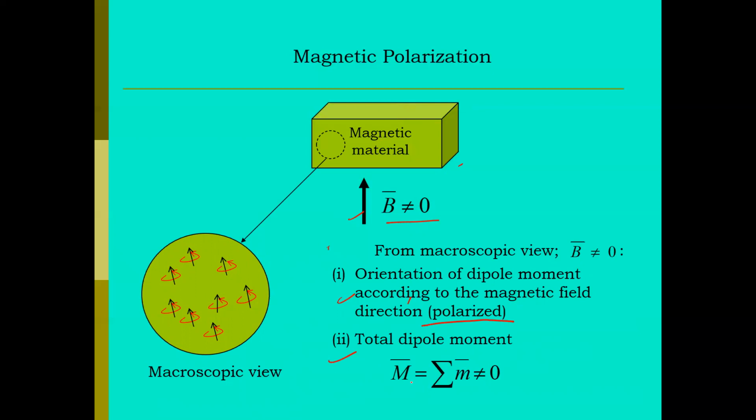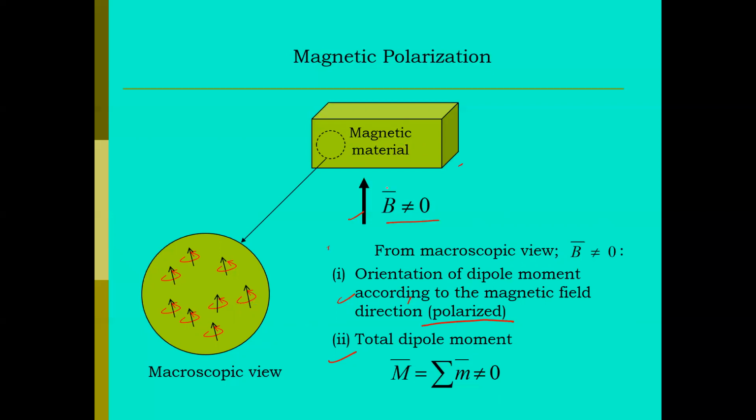It is the summation of the small vectors m, the dipole moments in your magnetic material. So magnetic polarization is also known as magnetization.